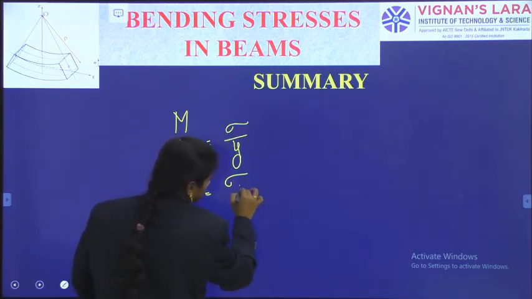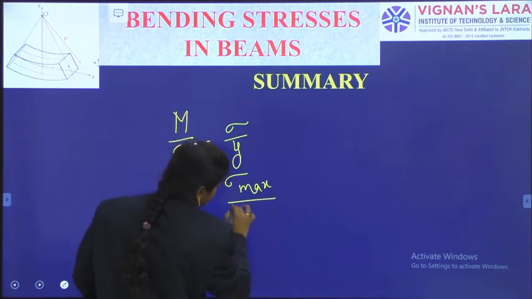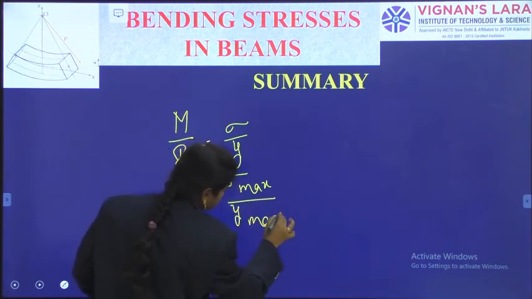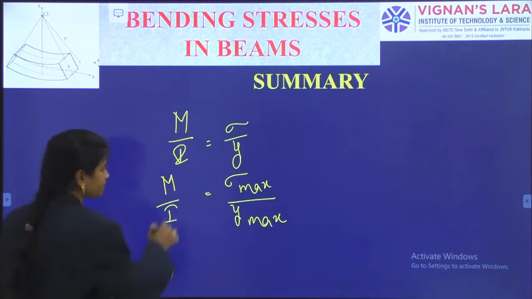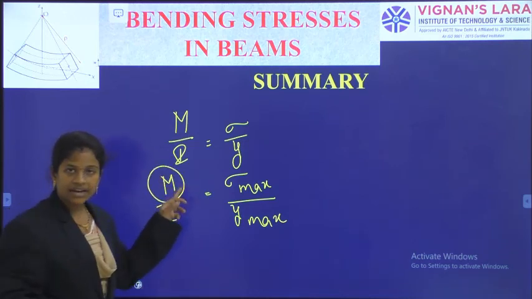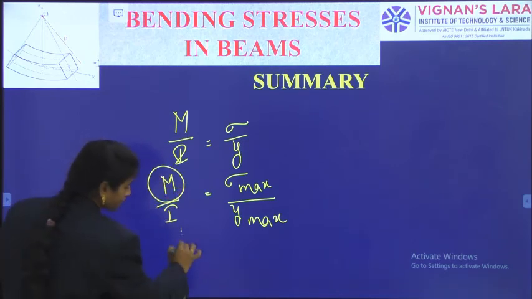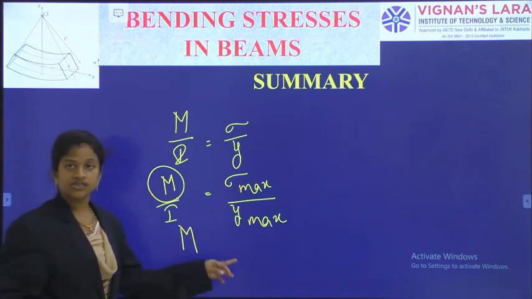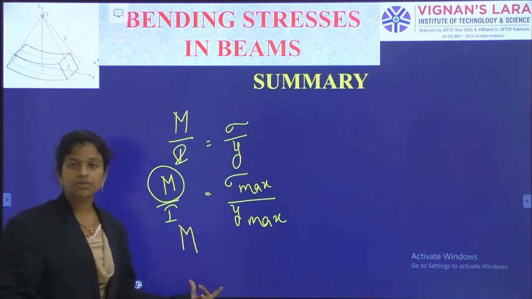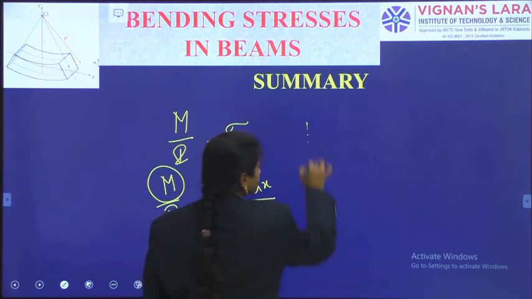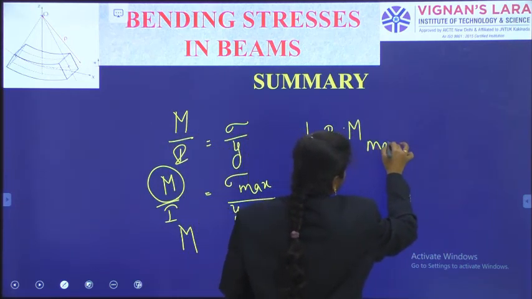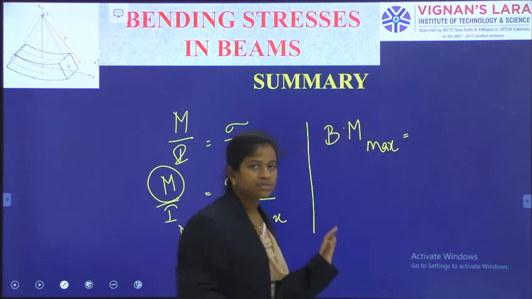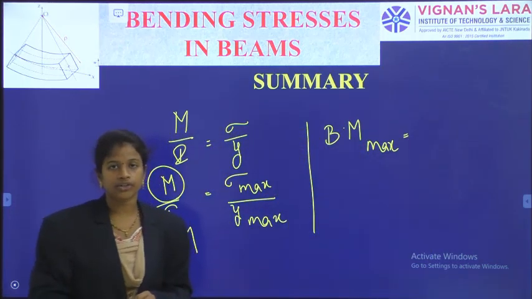If I take sigma max, which is at y max, this M by I will be helpful. From this we can evaluate the maximum bending moment or the moment of resistance offered by the section, and this will be equal to the maximum BM that is occurring on the section.